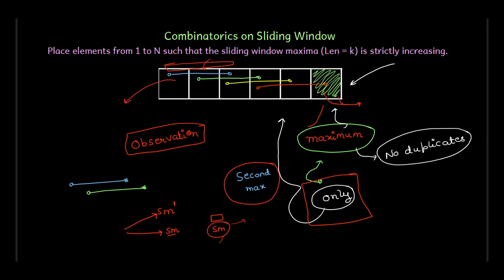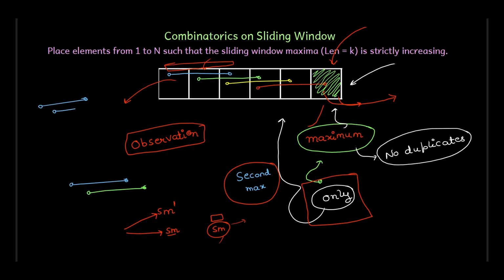Because the maximum element is not competing anymore, it is silently sitting at the end. And using this argument, you can now say that the second maxima cannot be in a window after which another window starts. Why?